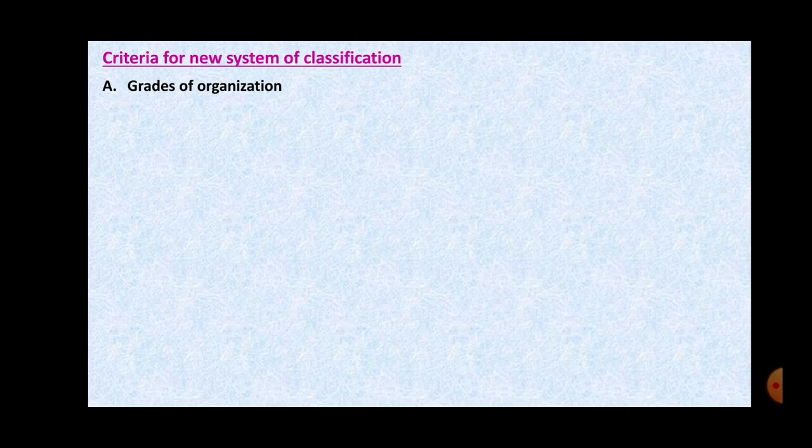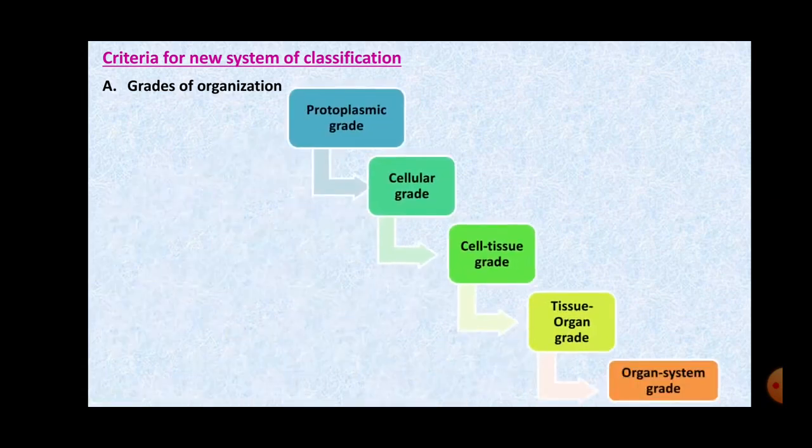This you can directly relate to amoeba. The digestion, egestion, every process is done by that single cell. Now, the body organization of these unicellular organisms is termed protoplasmic grade organization, right?